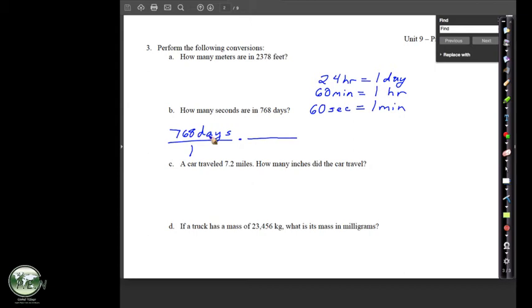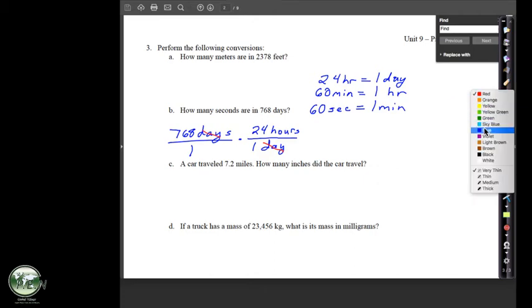Well, we want to divide out the days, so the days have to be in the bottom. So 1 day goes in the bottom, which forces 24 hours to go in the top. We're not going to do the multiplication yet, but we can see the canceling that's happening: days cancel with days.